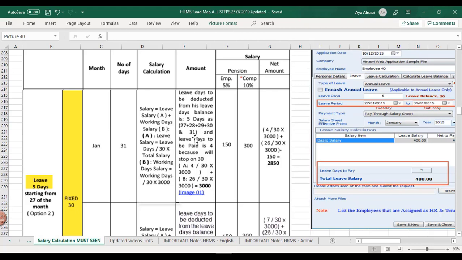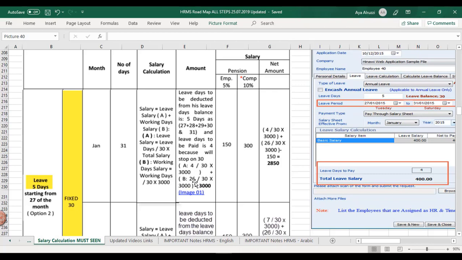And here it says that the leave days to be paid is 4 because it will stop on 30. So part A is 4 divided by 30 multiplied by 3,000, and 26 divided by 30 multiplied by 3,000. Why is this 26 here?